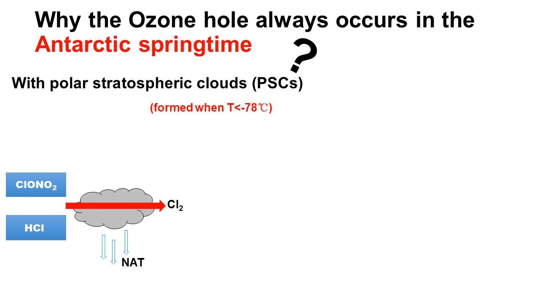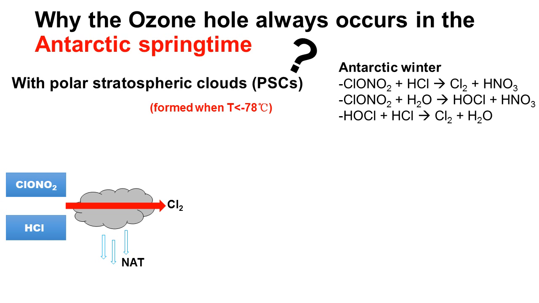In the wintertime, when the temperature is lower than -78°C, polar stratospheric clouds form. A heterogeneous reaction on the polar stratospheric clouds converts chlorine reservoir species to active chlorine. Then large NAT particles can sediment out and remove nitric acid from the stratosphere.